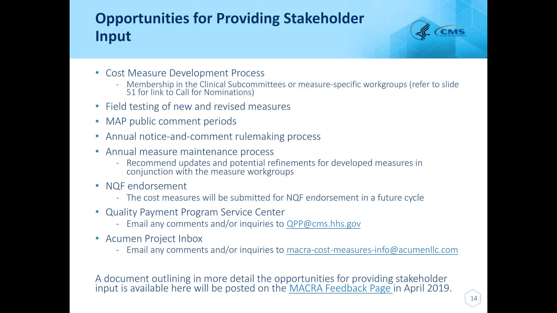Taken in combination, this gives you an extensive opportunity to participate not only in the initial development of the measures, but also to react to the final product that has been developed through our process, and also to ensure that as the evidence base and the data evolve, you're able to continue providing feedback to us as we attempt to keep our measures up to date and appropriate for our programs. Next slide, please.